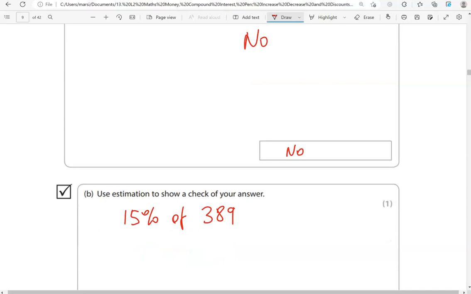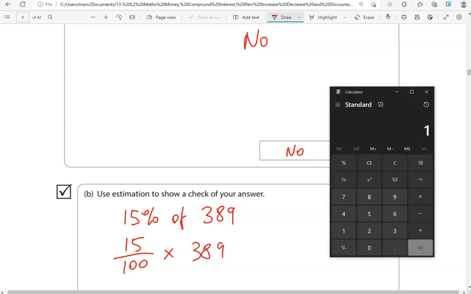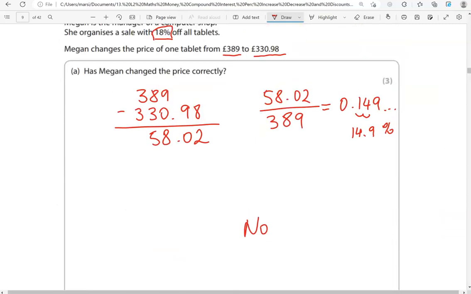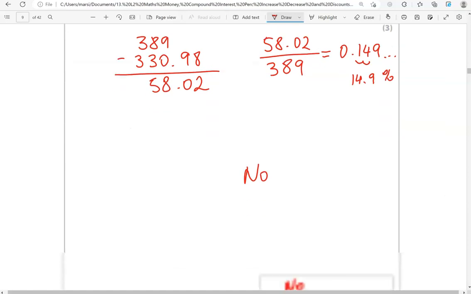So that is 15 out of 100 of 389. Using a calculator, 15 divided by 100, which is 0.15, times 389 gives us 58.35, which is very close to the 58.02. So that proves that this amount is about 15%, not 18%.